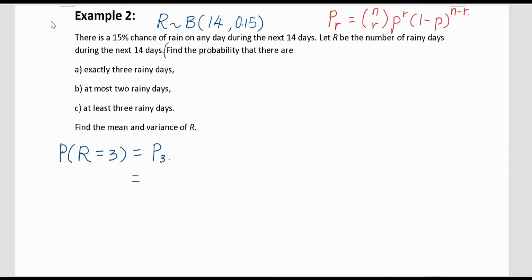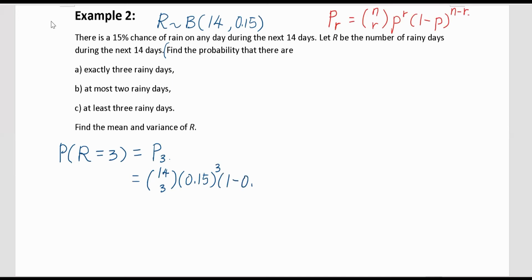So by using the formula, the n is 14 and r is 3. It means 3 days out of the 14 days, any 3 of the 14 days, right? So it's given by 14C3. And the probability is 0.15, to the power 3 because it occurs 3 times.